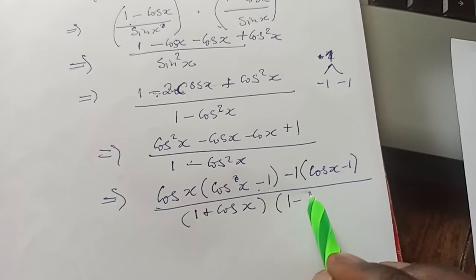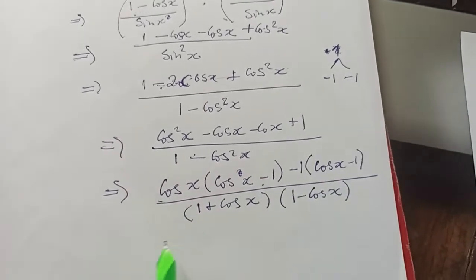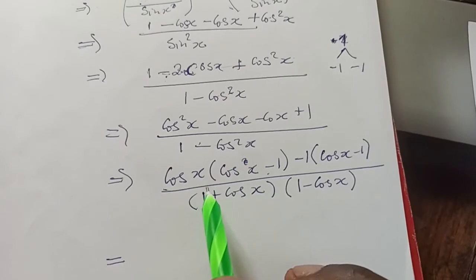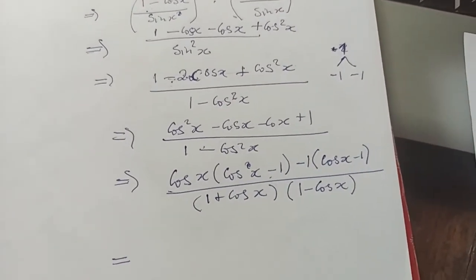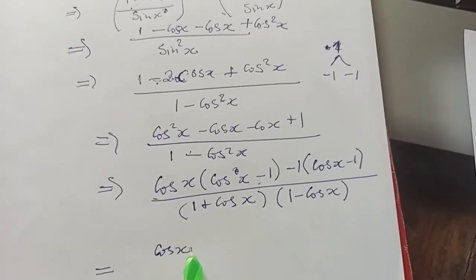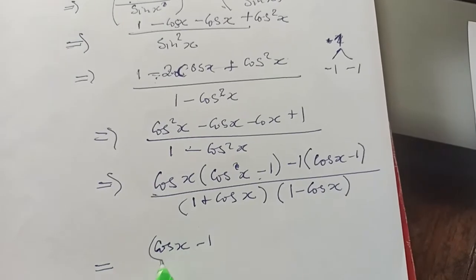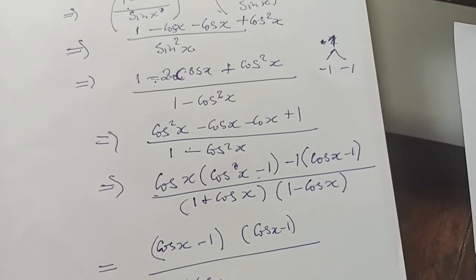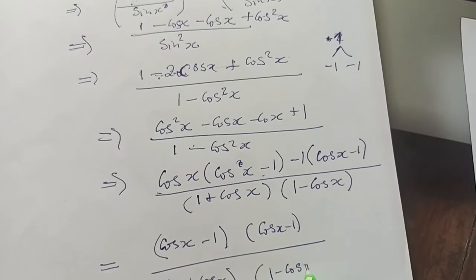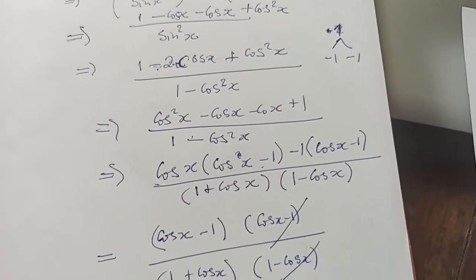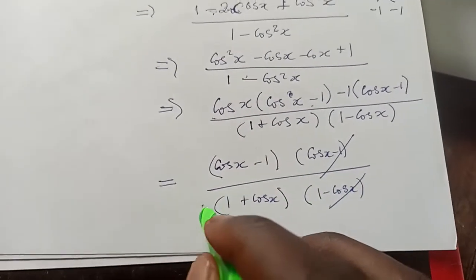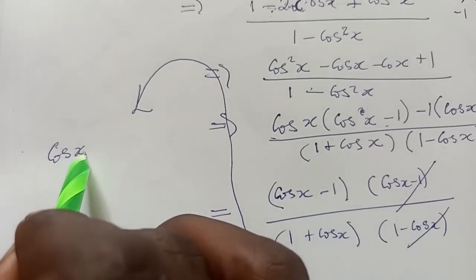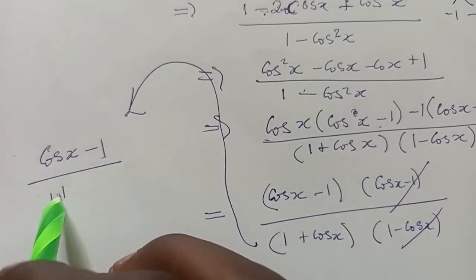Having checked, this one and this one cancel, so you are remaining with (cos x − 1)/(1 + cos x).